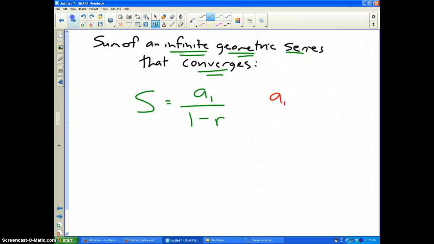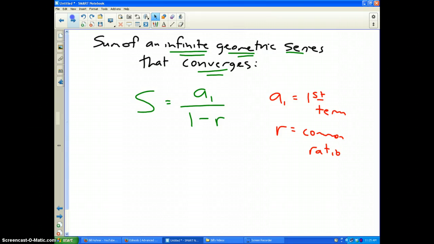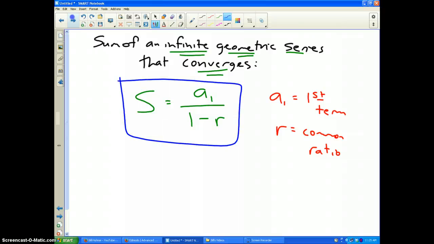All you got to know is the first term and the common ratio. Put that formula in a box, by the way. Highlight it, color code it. This is the sum of an infinite geometric series that converges.